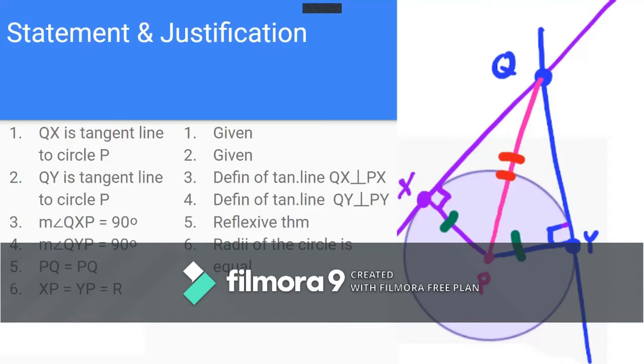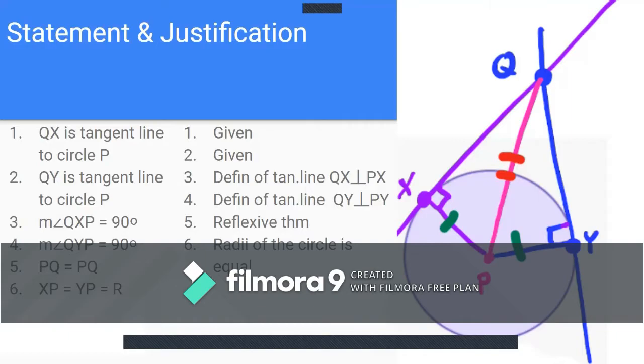It really helps you draw the two tangent lines, and helps you understand the first 4 steps as well as step 6, in which the radii of the circle are equal. If you draw with a ruler and label them, if you measure them, they're both equal to each other.